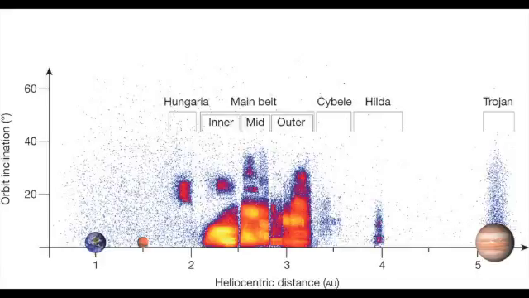The blue dots are asteroids not in the core region. From this diagram, you can see that not all asteroids lie close to the plane. There are asteroids in the core region that are inclined from the plane, and also asteroids not in the core region that are inclined from the plane.